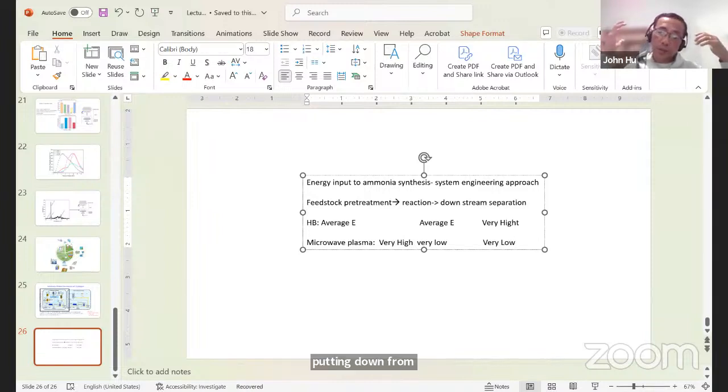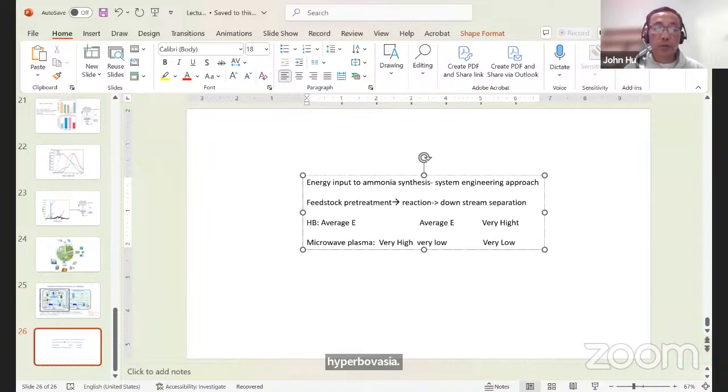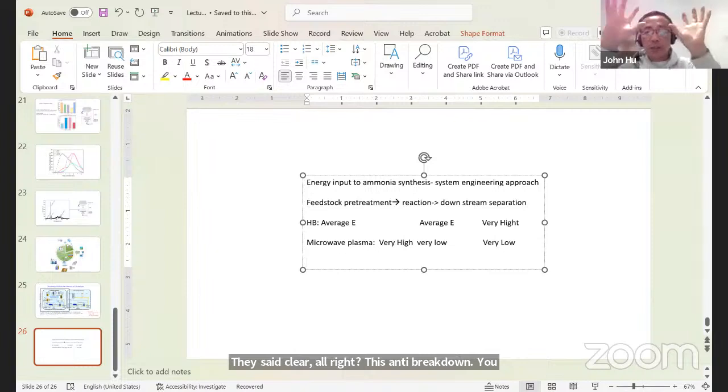You spend the energy on feedstock pretreatment, you save energy on the reaction, now you save energy downstream. So tomorrow we are going to focus on downstream because we cannot use a traditional Haber-Bosch compressor. In day one, if you remember, this is clear, all right? This energy breakdown, you will see in the technical economic analysis, we have a pie chart, and how we save the energy. Does this make sense?